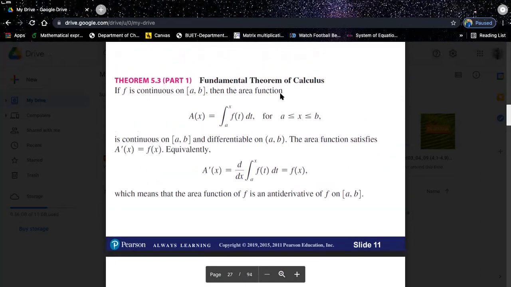The first part says if your function is continuous on a certain interval, then the area is nothing but this. That means if you can find the definite integral, it will give you the area, right?